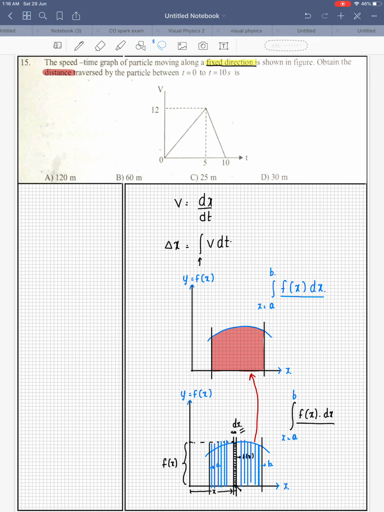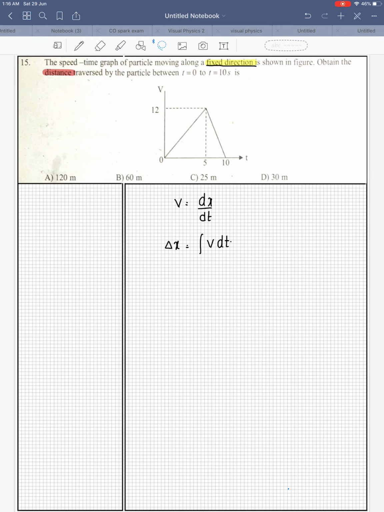Now you have to understand the concept we have discussed in a VT graph.